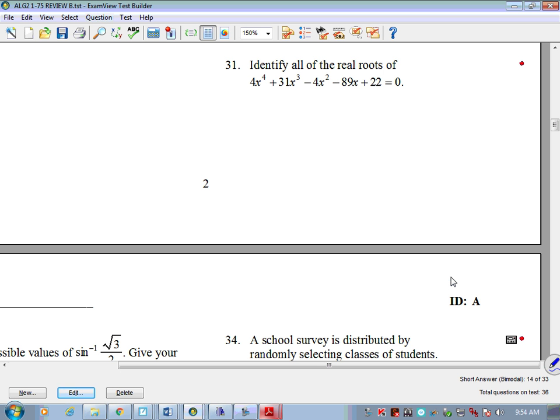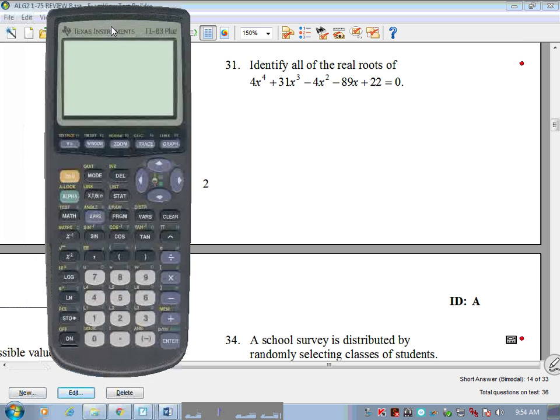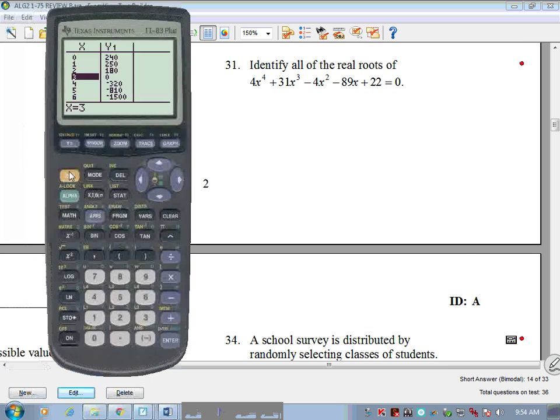So hopefully our last part in this series on review of Algebra 2, number 75: identifying all the real roots of 4x to the fourth plus 3x cubed minus 4x squared minus 89x plus 22. To get there the quickest route possible, I'm going to plug all of this into our y equals.